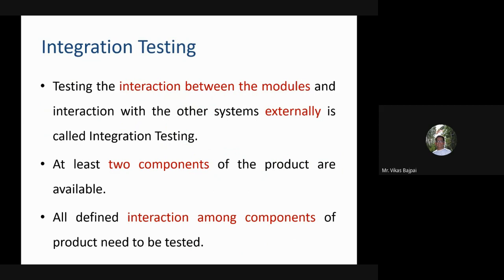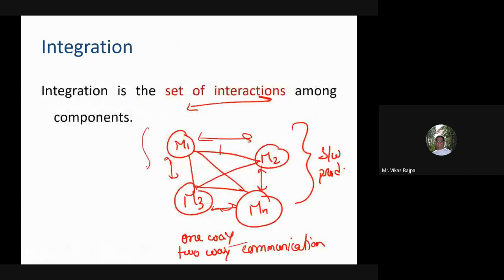The idea behind this is to evaluate the compliance of a system or component with some specified functional requirements. From our previous discussion, we got to know that this will definitely be after unit testing, because each and every individual module has been tested, so in order to check the interfaces, we are going to do this.